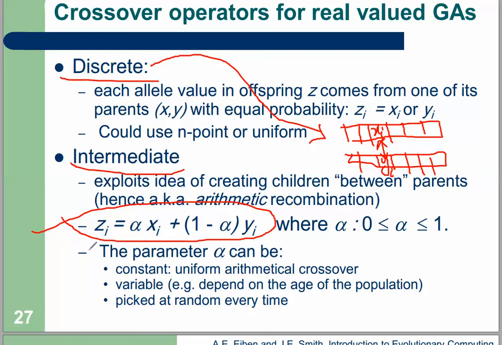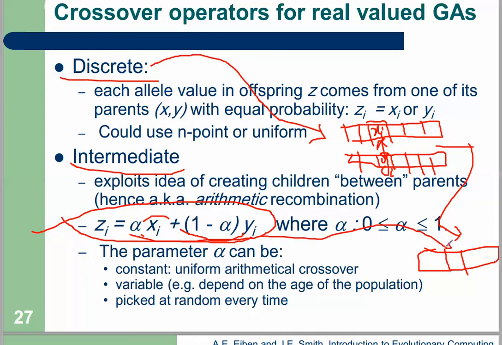Intermediate is a way that we can produce the genes of the children by this formula. Some percentage of one parent and some percentage of the other parent are mixed together, and the value of the gene of the children is produced.